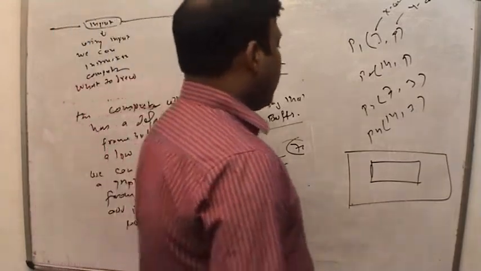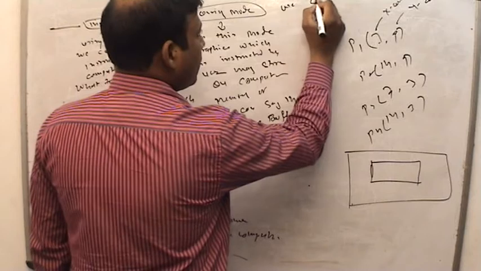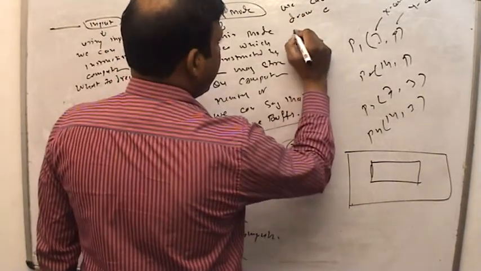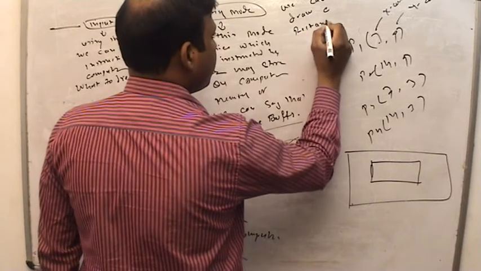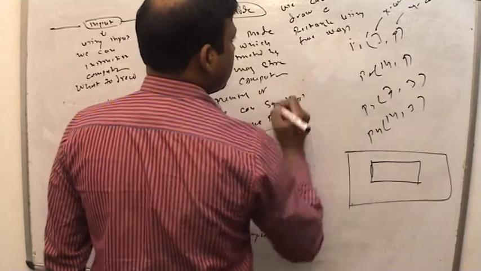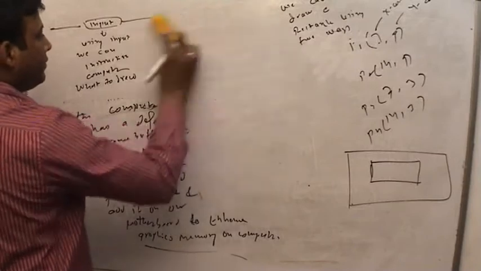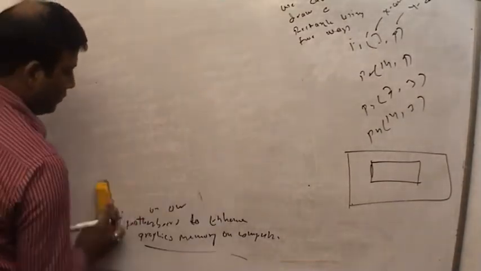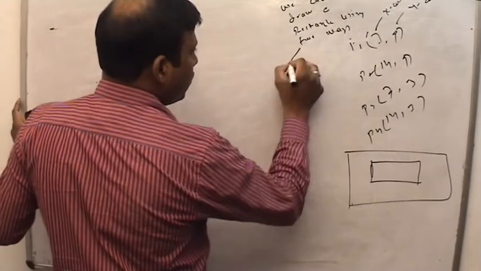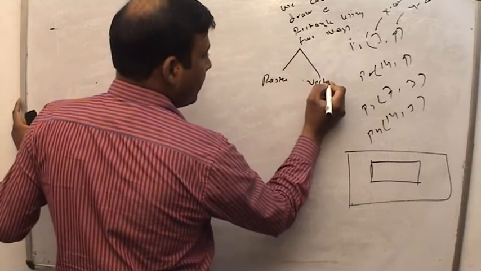So you can put pixels, you can draw a graphics, we can draw a rectangle using 2 ways. You can draw a rectangle using 2 ways, by raster or by vector.